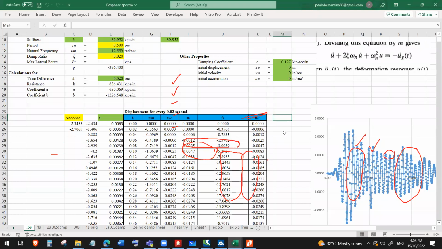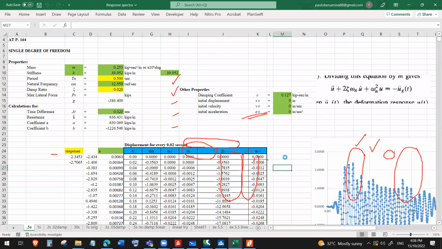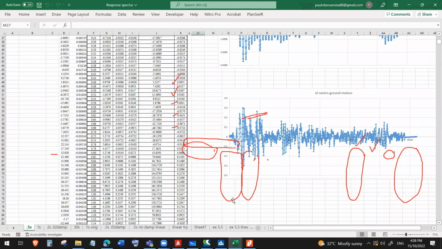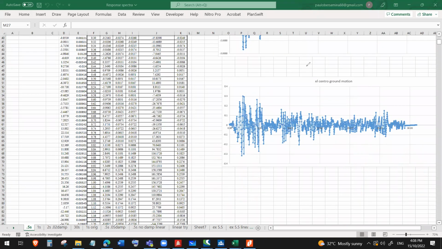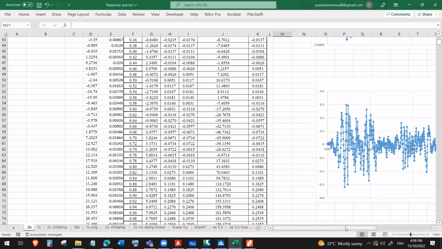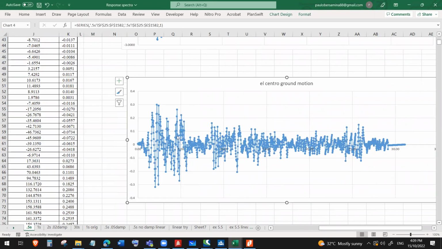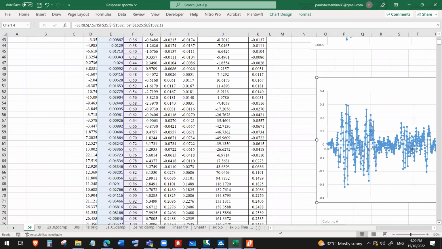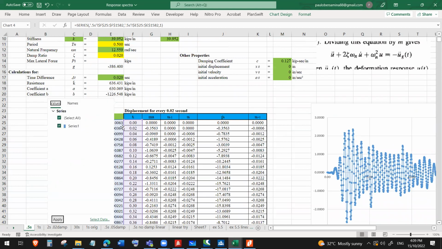So okay, if you are now opening the file, you can now check the El Centro ground motion mismo. So this is the plot of El Centro. So if you see, ito yung raw data, ibig sabihin.